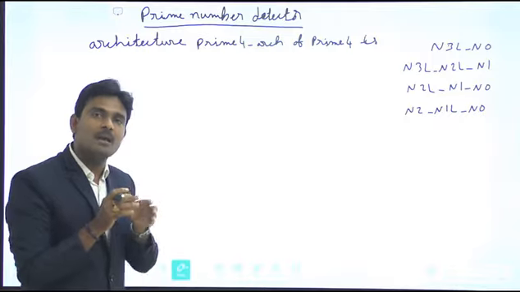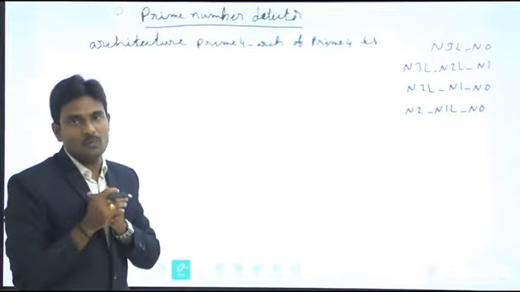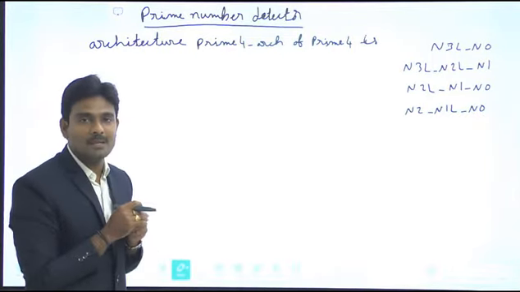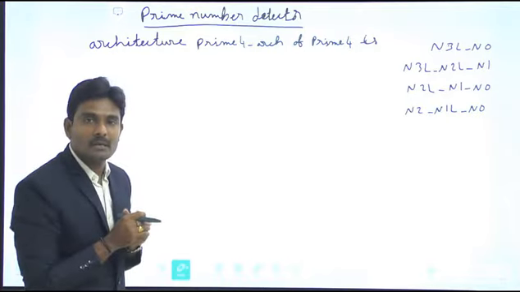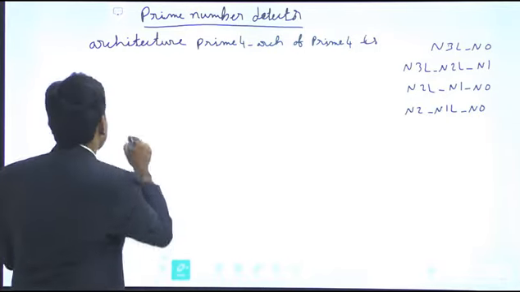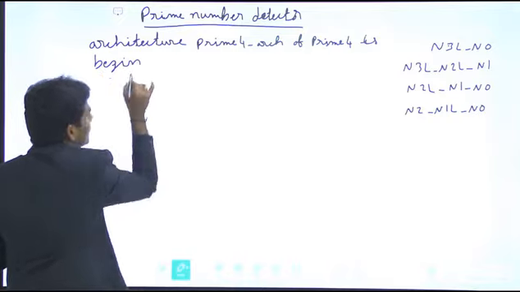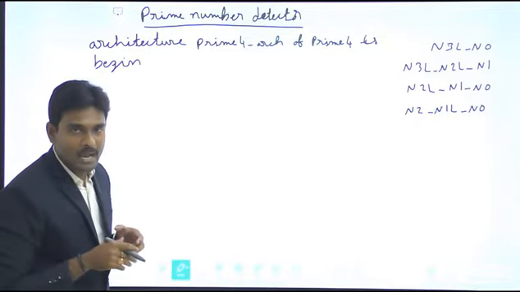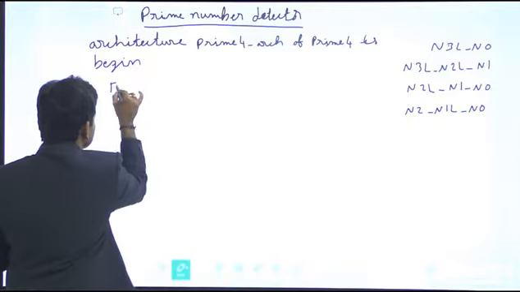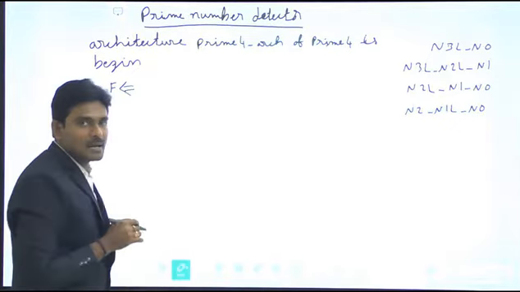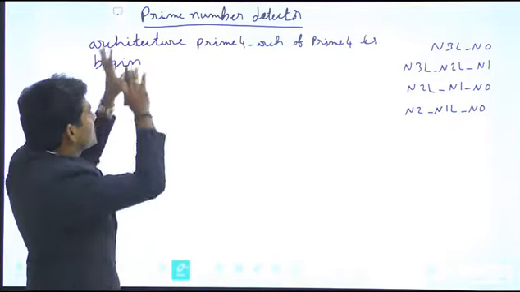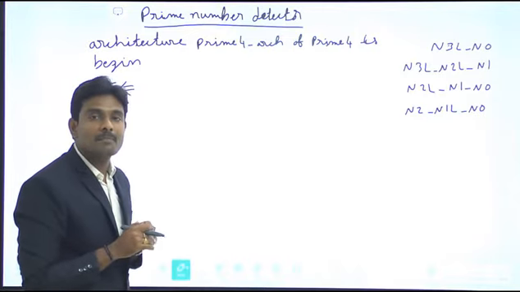If I consider the last level output, I describe the operation of the circuit for that. So let me write it. Because there is no signal declaration, let me start with the architecture body, which starts with the keyword begin. My intention is to use a single concurrent statement to explain the whole operation of the prime number detector.